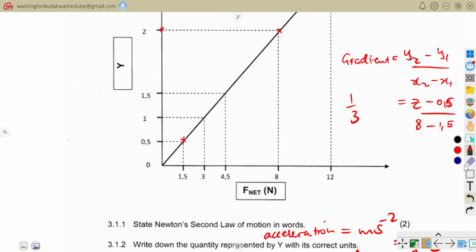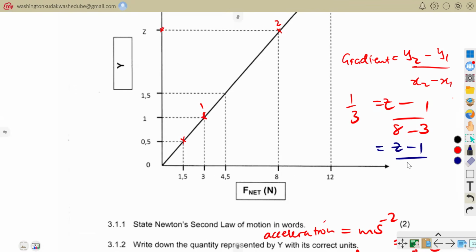Maybe let me use whole number values. I would use this as 2 and this as 1, so that I can say y2 it's z minus y1 it's 1, divided by x2 it's 8, x1 it's 3. I just wanted to use whole number values there. Now, after I've done that, z minus 1 is divided by 8 minus 3, it becomes 5.